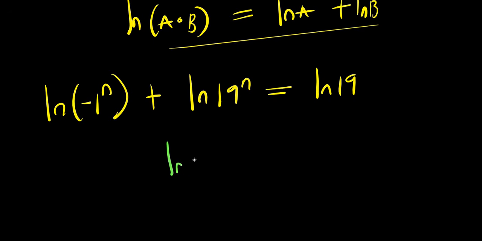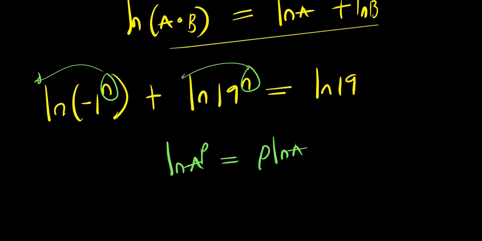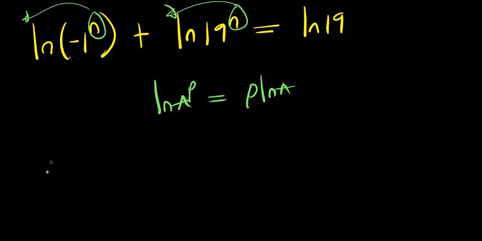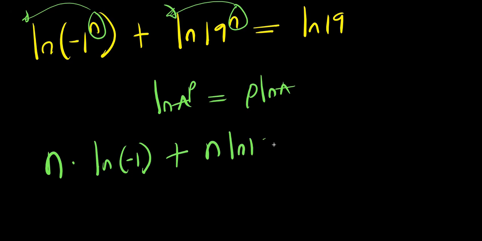And natural log of a power b equals b times natural log of a. N comes behind natural log. So we have n times natural log of negative 1 plus n times natural log of 19 equals natural log of 19.